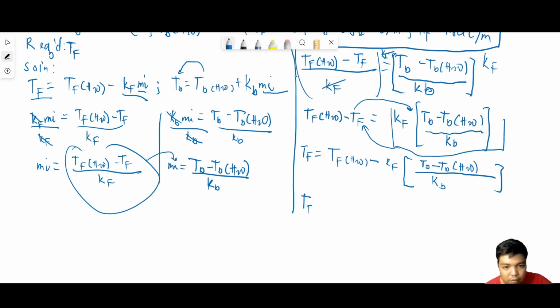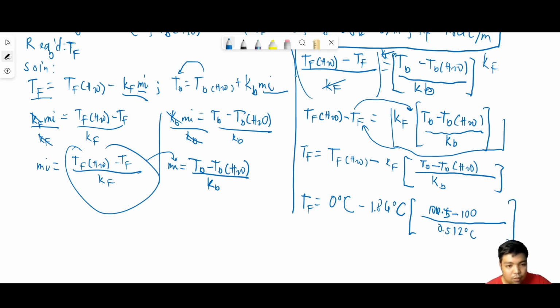So the freezing point of your water is equal to 0 degrees centigrade, minus 1.86, which is the molal freezing point depression constant, multiplied by 106.5, sorry about that, 106.5 minus 100 divided by the boiling point elevation constant, which is 0.512. Okay, degrees centigrade per mole.